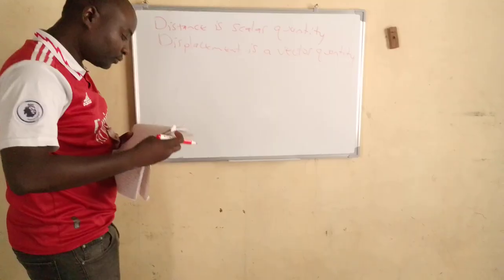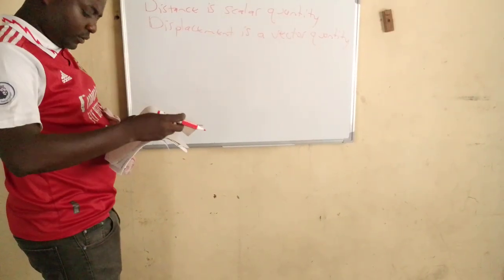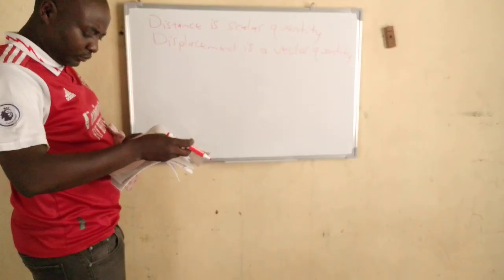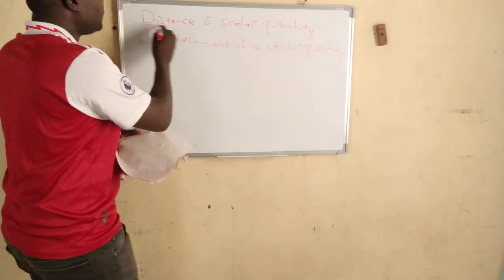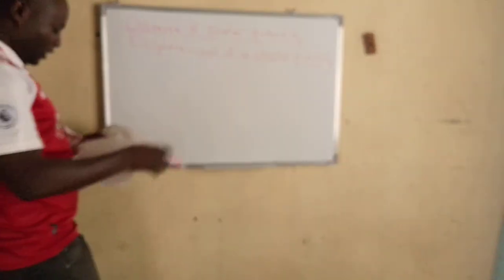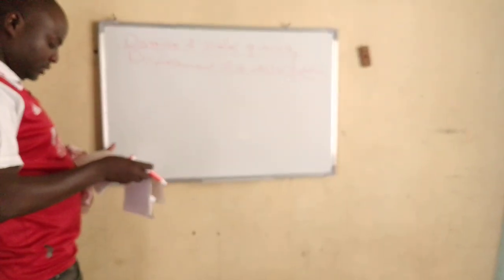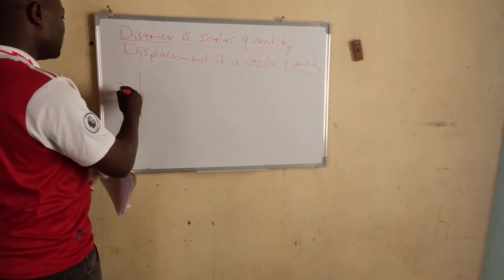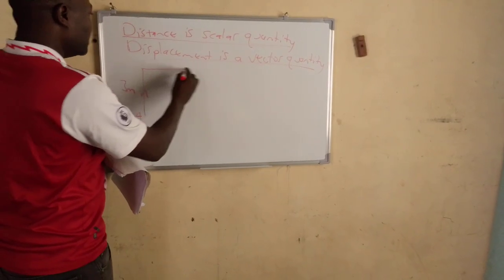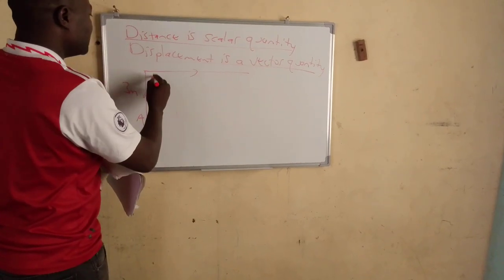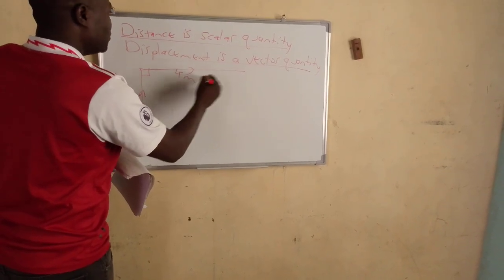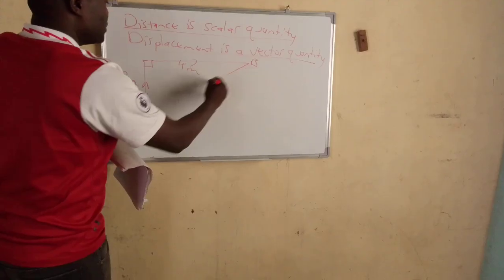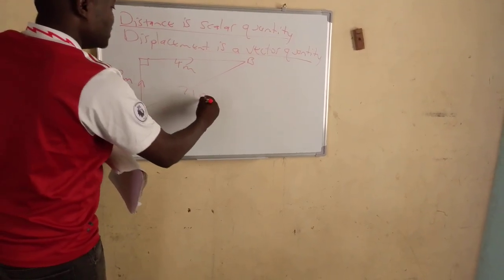Now, suppose an object moves from point A across a total distance of 3 meters, then takes another path of 4 meters to point B. So this is our displacement.